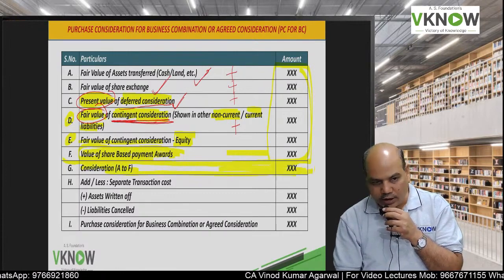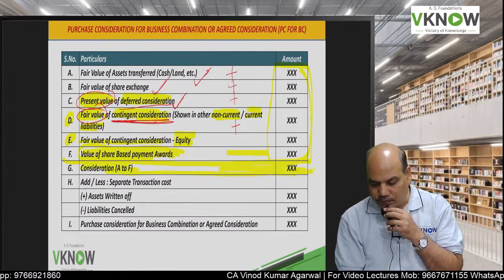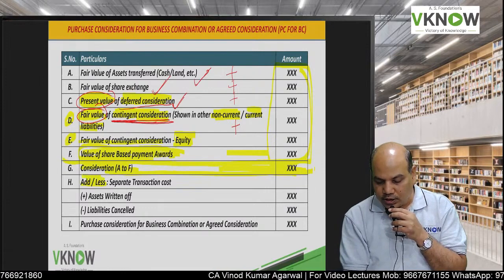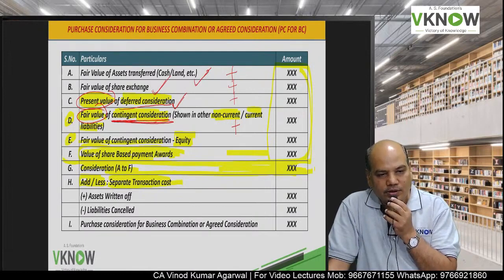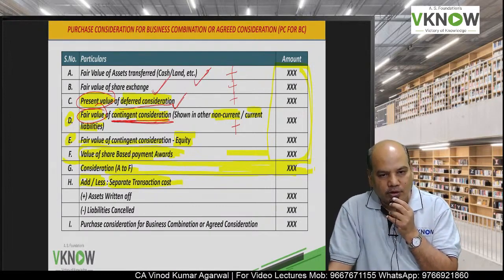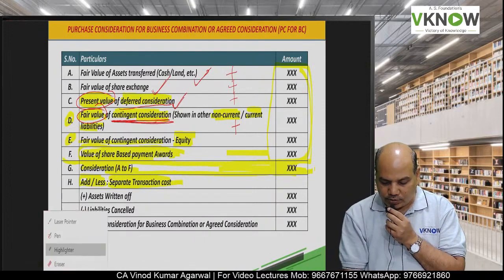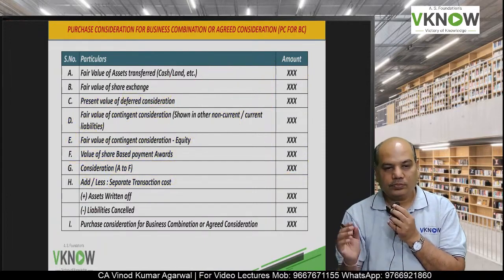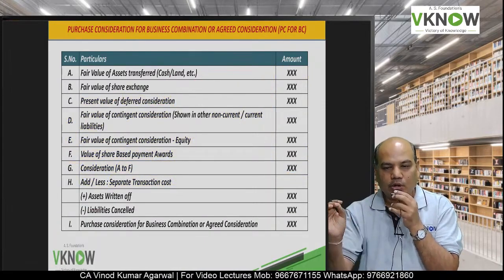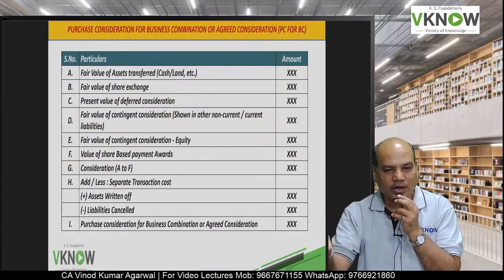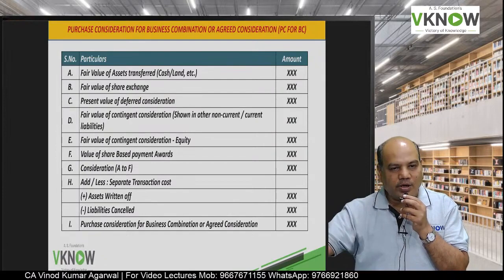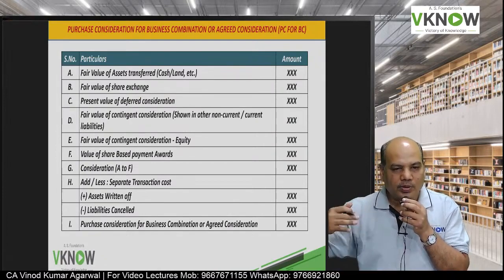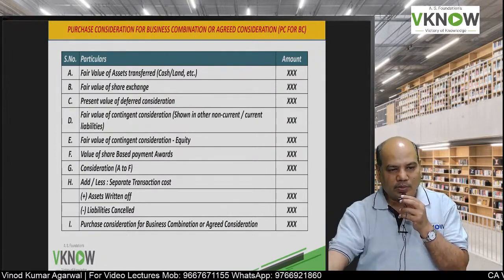So usually you will get adjustments up to this only, but there can be some additional adjustment for separate transaction cost, STC. Now what is STC? It means there can be some outstanding receivable or payable between acquirer and acquiree. Acquirer may be a debtor and acquiree a creditor, or acquirer may be a creditor and acquiree a debtor.